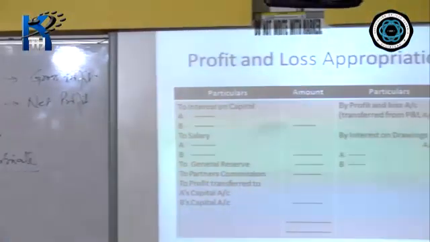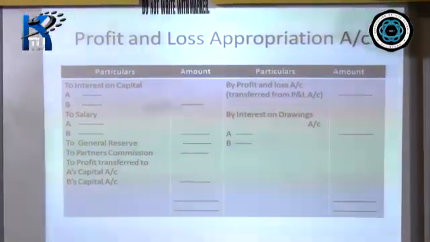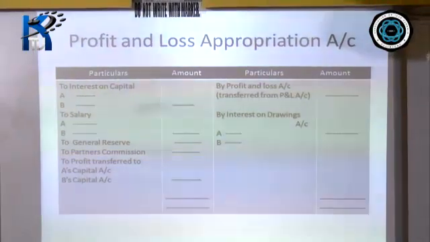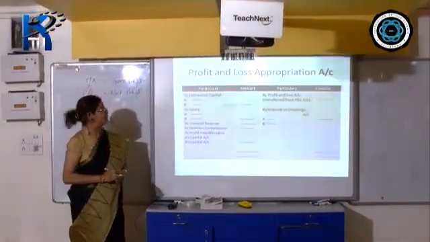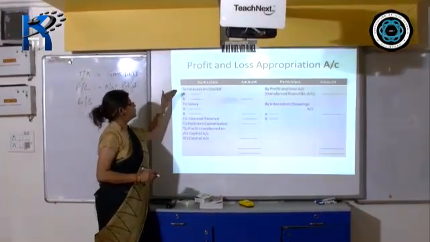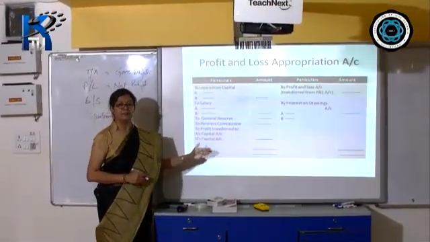P&L appropriation account is an extension of profit and loss account, whereby the profits which are generated in the profit and loss account are apportioned amongst the partners.